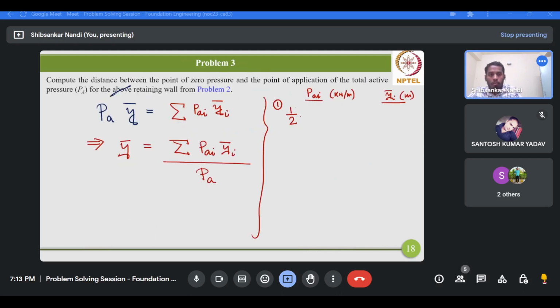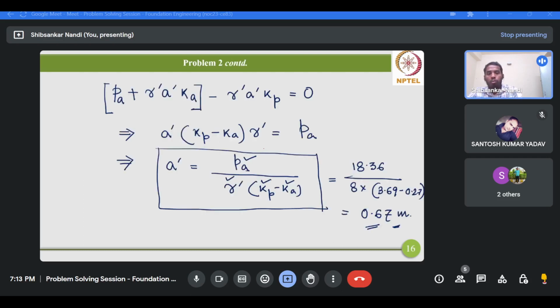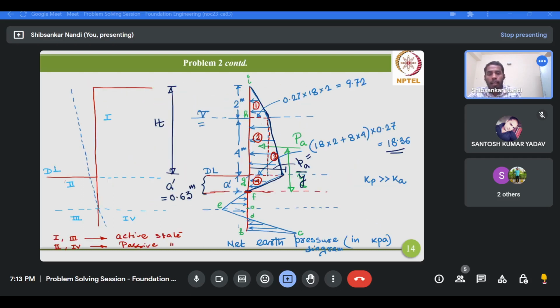So half into 9.72. Then coming to component 2, it's a rectangle, so that means 9.72 multiplied by 4.